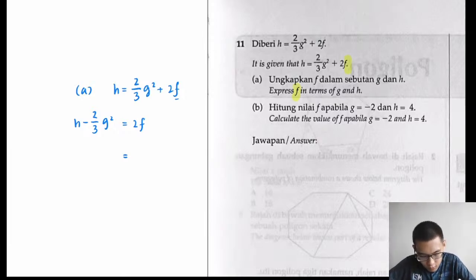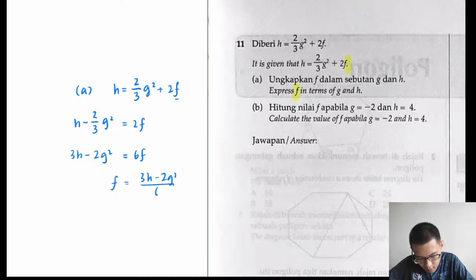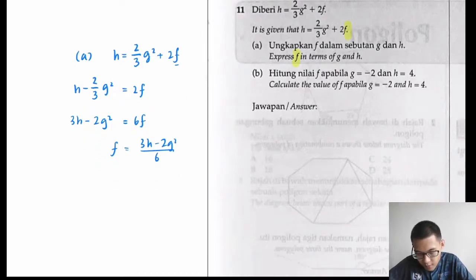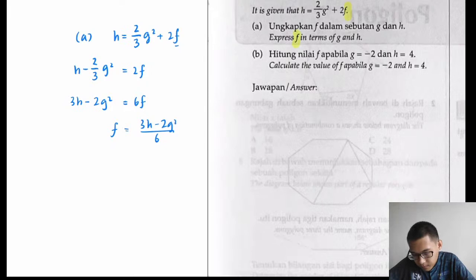So we multiply 3 on both sides, so it becomes 3h minus 2g squared equals 6f. Therefore, we find the answer 3h minus 2g squared divided by 6. So this is what we have in terms of g and h.